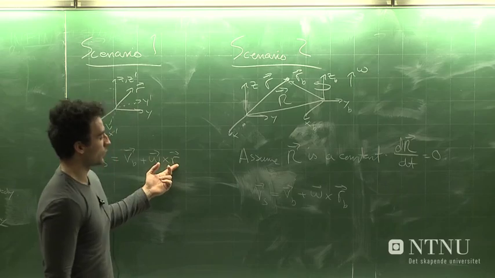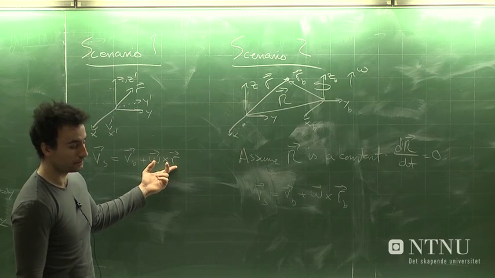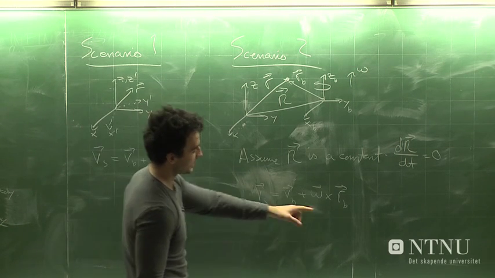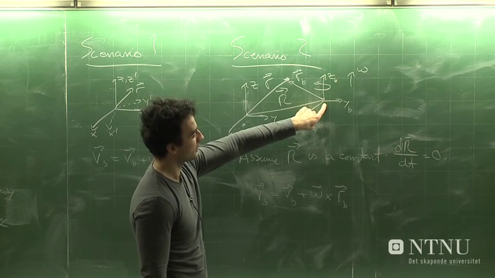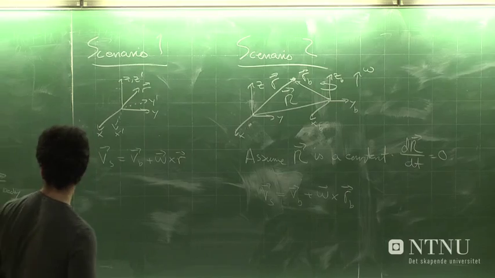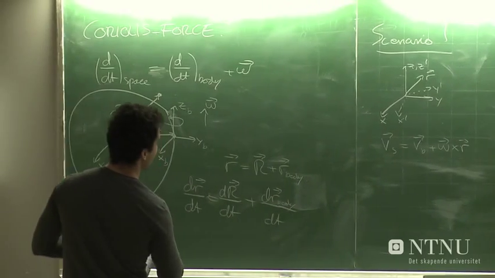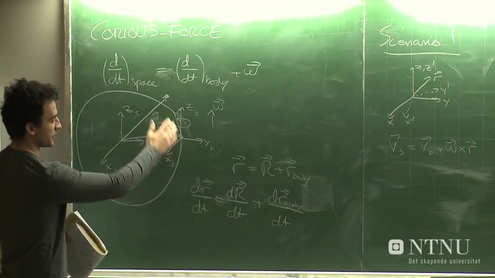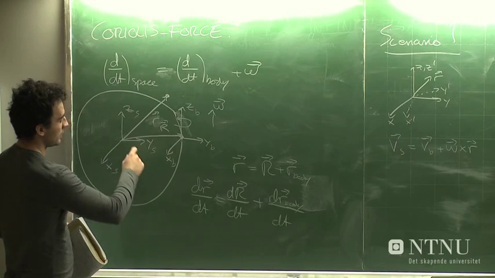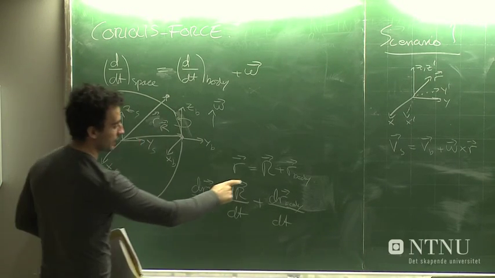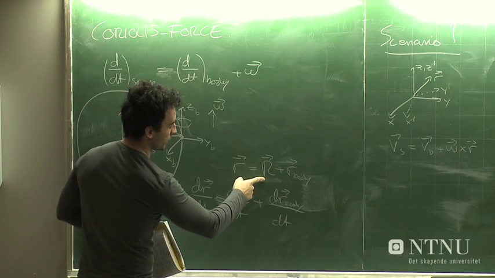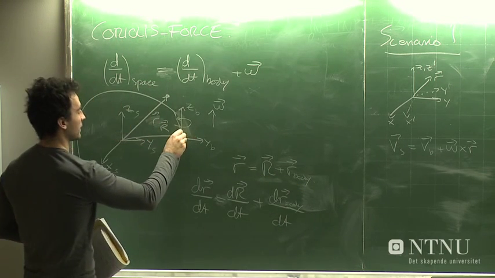But then one can ask, okay, so which r should we use? The answer is that it's the position vector as seen from the body system. And this becomes clear from this picture here, that the r, small r, as seen from the fixed system, is equal to the vector connecting the origins plus r body here.